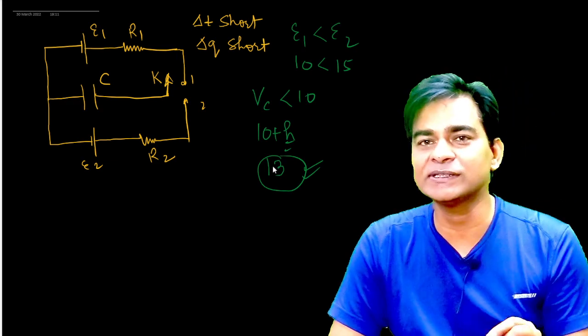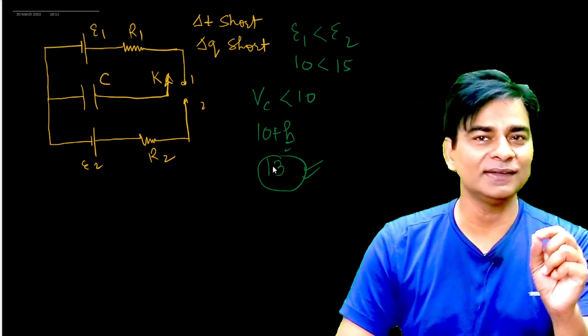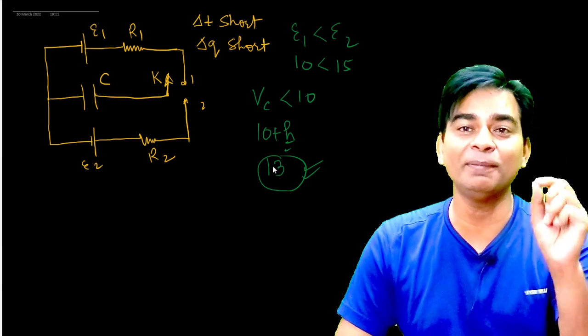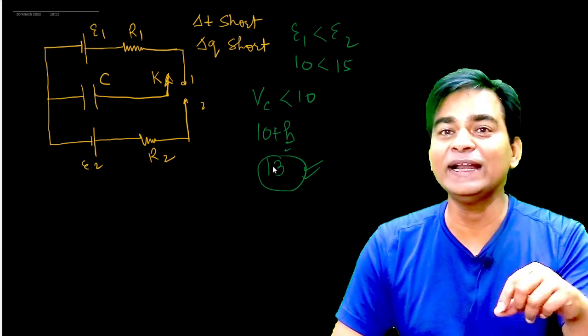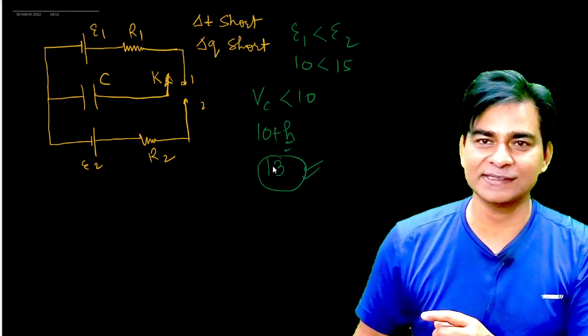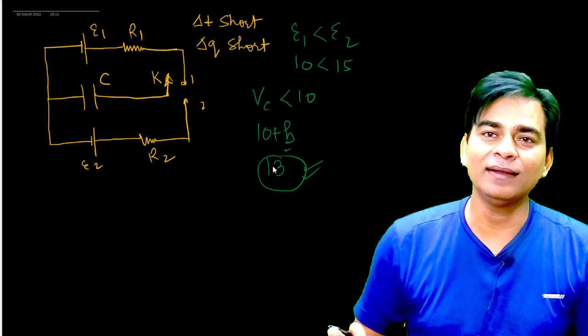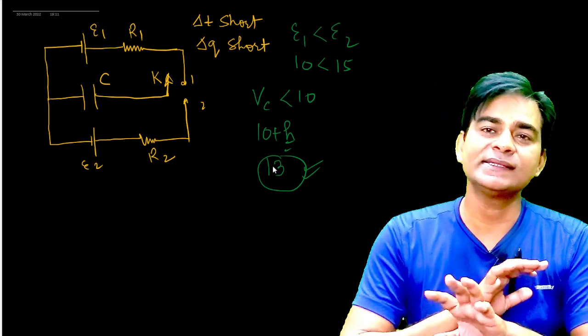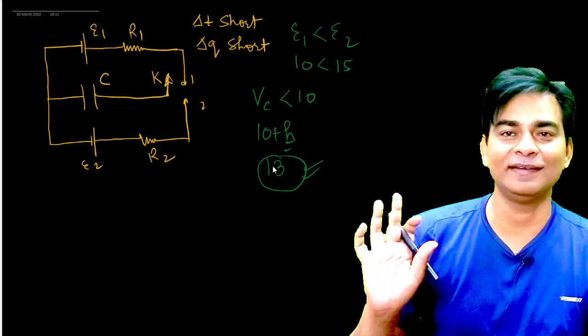Then there will be such a situation when it will receive a small amount of charge from E2, and it will give that amount of charge to E1, and now you are in a situation where whatever it takes, it gives. Okay, and now overall the charge on the capacitor is not going to change due to changing the position of the key.